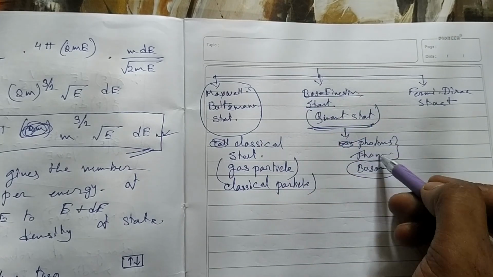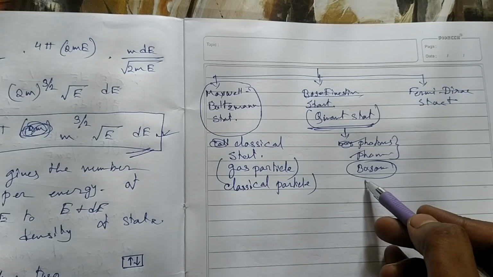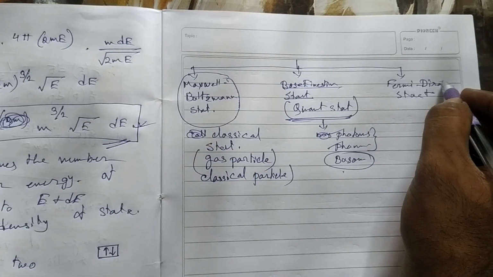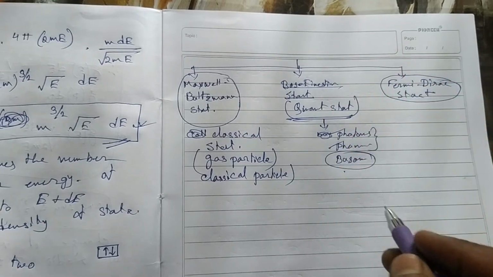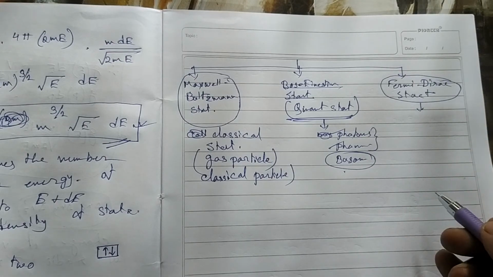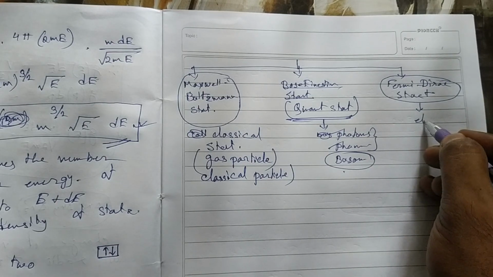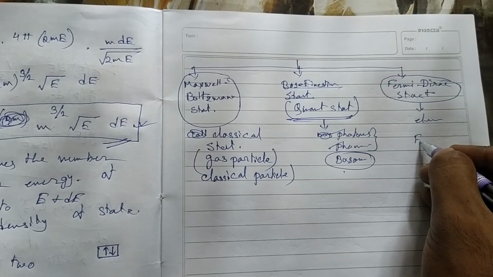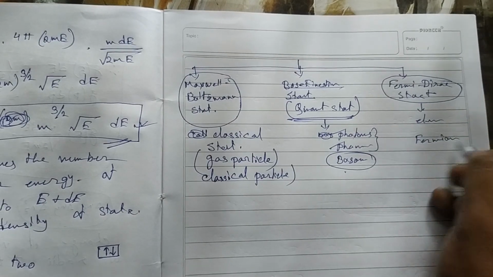That's why photon and phonon are also named bosons. Clear? And in Fermi-Dirac statistics, we consider half spin particles like electrons and positrons. Clear? Such types of particles are also known as fermions.